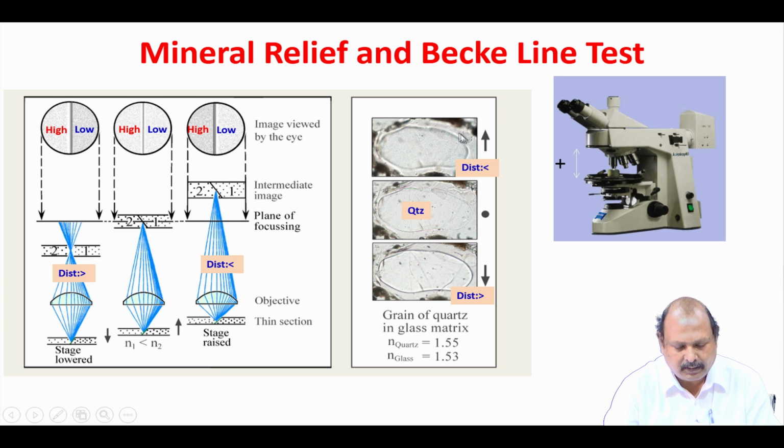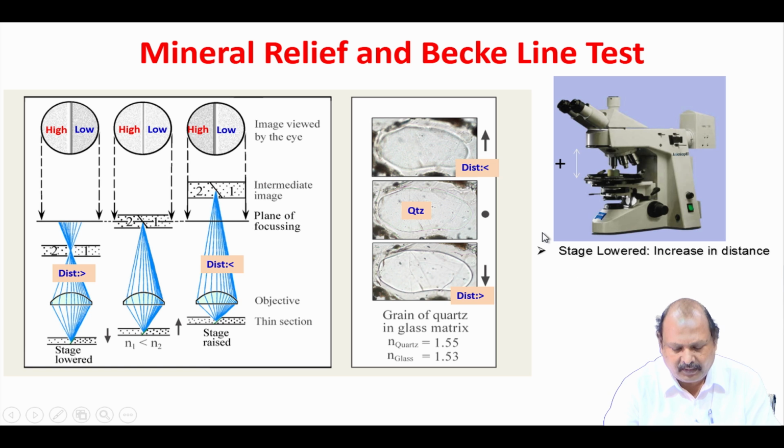That means when the distance is decreased, the Becke line moves towards the mineral of lower refractive index. This is where you have the perfect focus, and when you have increased the distance, you see that the Becke line has moved towards quartz, that is, quartz has higher relief. So, it moves towards higher relief here.